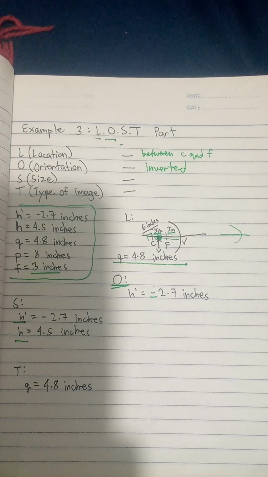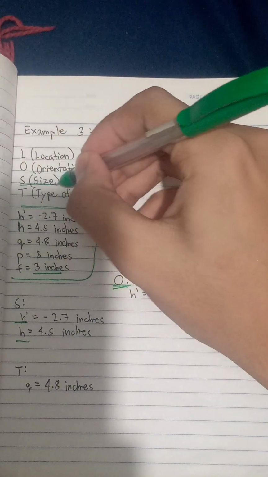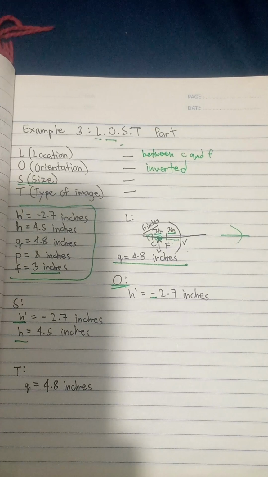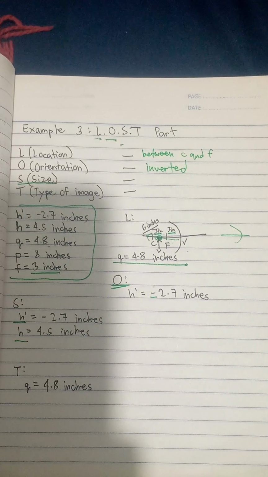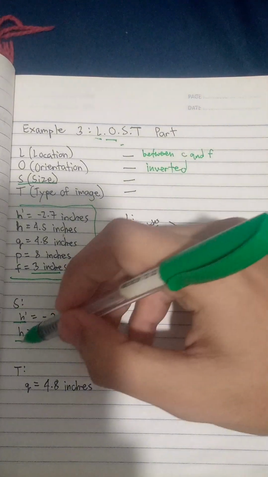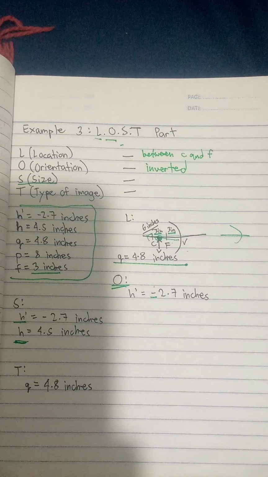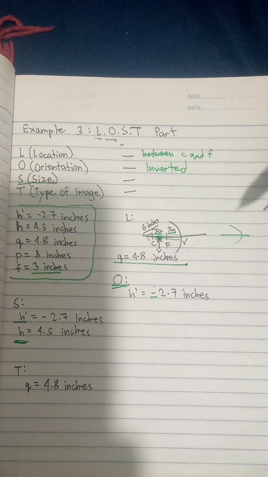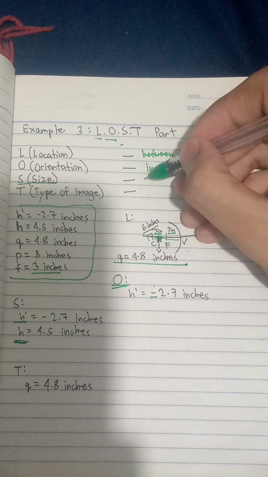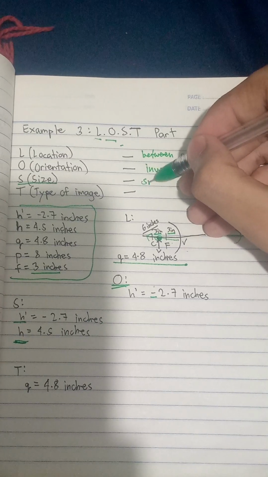If variable h is bigger, then our size is smaller. But if h apostrophe is bigger, then our size is bigger. In the problem, h is bigger than h apostrophe, and if h is bigger, then our size is smaller. So our size, the S part, is smaller.